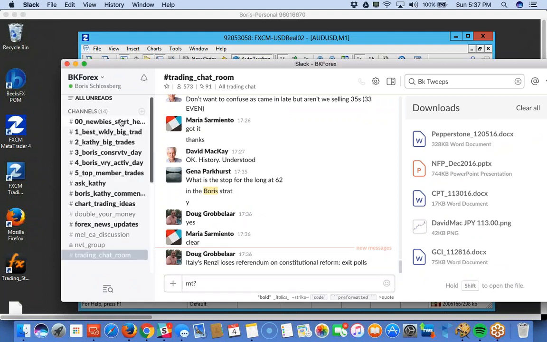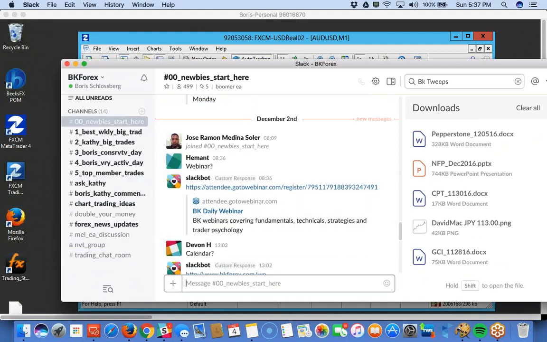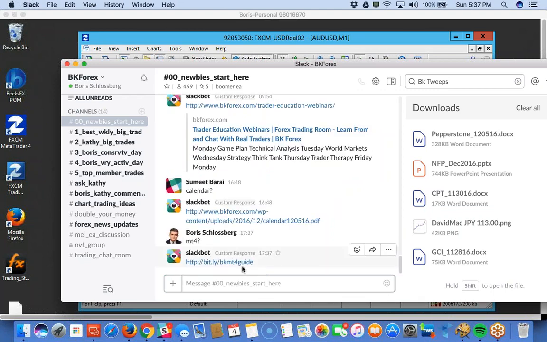This is the channel you want to type all of your Slack words into. Type this in, and you'll get a video guide of how you can attach a basic MT4 EA into your account. This is basically for newbies.